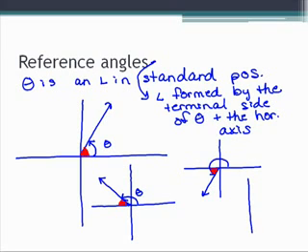And last but not least, if I have an angle in standard position whose terminal side ends up in the fourth quadrant, then I want the angle formed by the terminal side and the horizontal axis. So that's the angle. Notice how all of the reference angles are from the terminal side and the horizontal axis. So you never see it go back to the y, it always goes to the x-axis. Okay, and that's how we find reference angles.